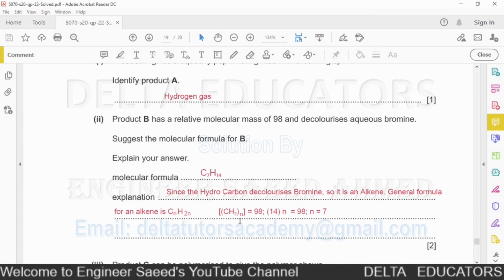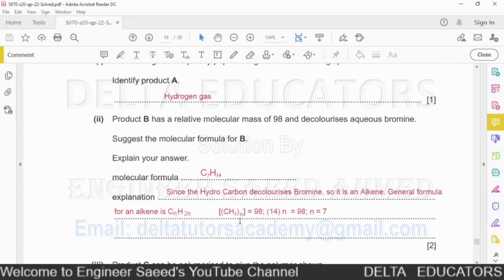Next part. Product B has a relative molecular mass of 98 and decolorizes aqueous bromine. Suggest the molecular formula for B. Explain your answer. Here it is given the hydrocarbon decolorizes aqueous bromine, means it is an alkene, and the molecular mass of that alkene is 98.